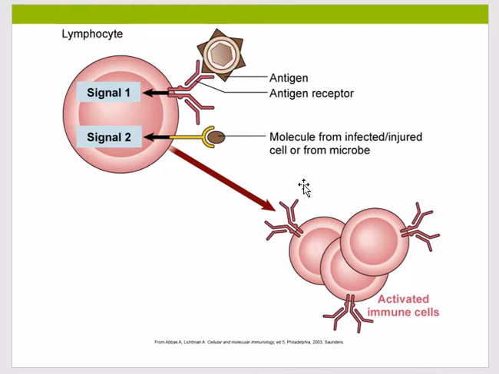You can see here that each lymphocyte has receptors for antigens and receptors for these signal chemicals. And what this process does is it activates the immune cells, whether it's a B cell or a T cell. And we'll speak even more about this a little bit later.